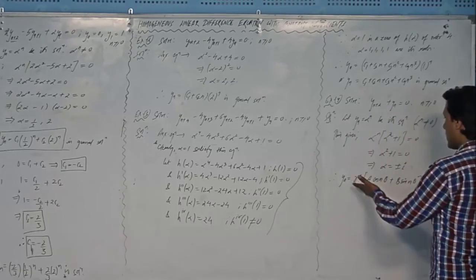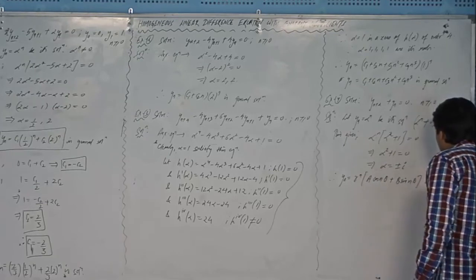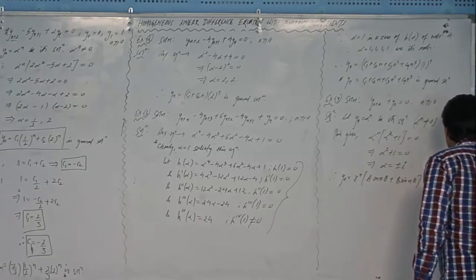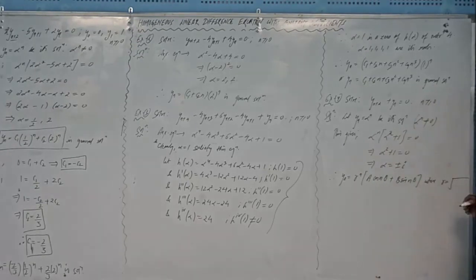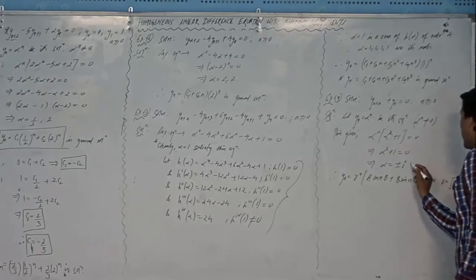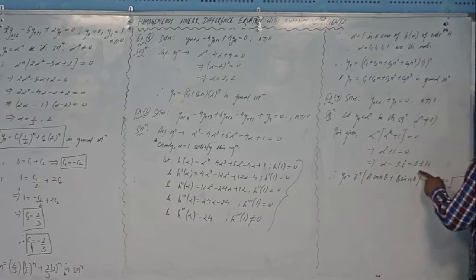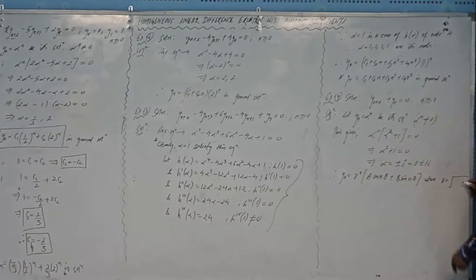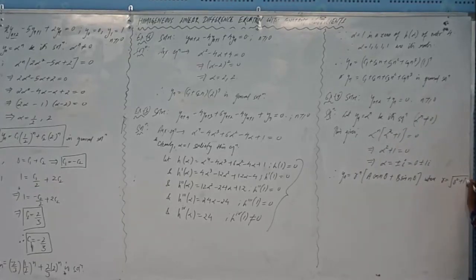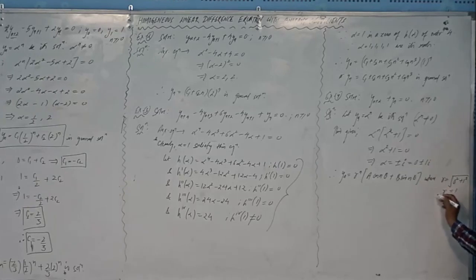And what is that r? r was equal to square root of a square plus b square, and I should write the roots as 0 plus minus 1 iota, right? So that my a will be equal to 0 and b will be equal to 1. So a square plus b square will be equal to 1, right?